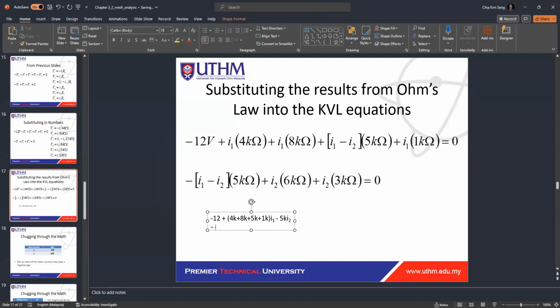Let me see, it's too small. It's okay, so I copy here. Equal to 0. Okay, so for the equation that we get after grouping, of course, the minus 12 we can move to the other side, so it becomes a positive 12. So the first equation that we get is this.